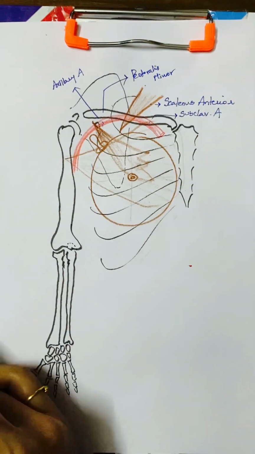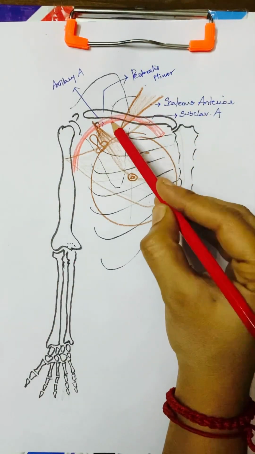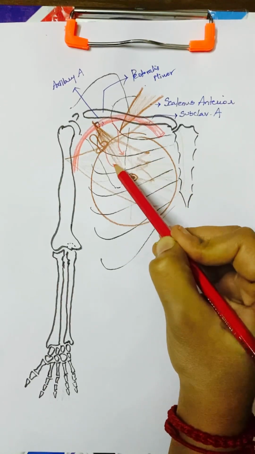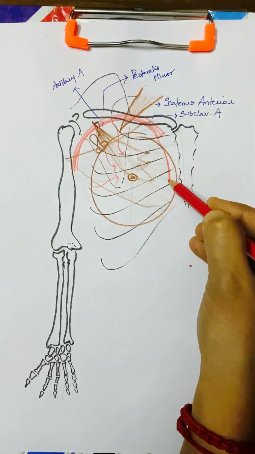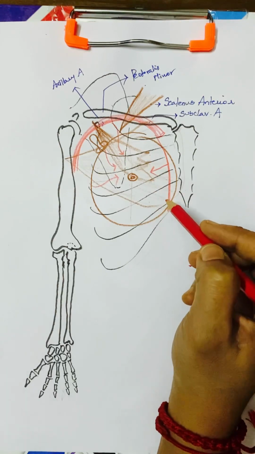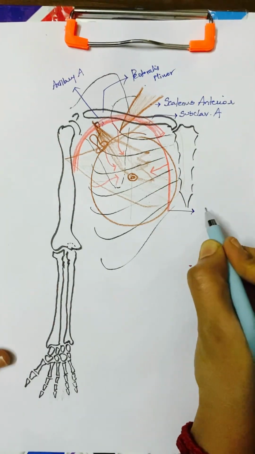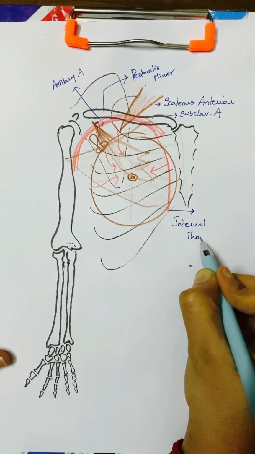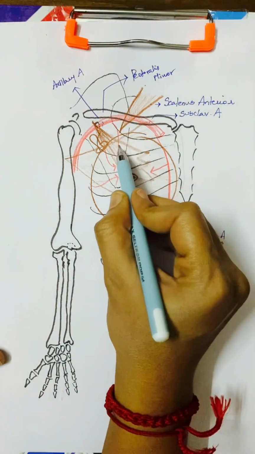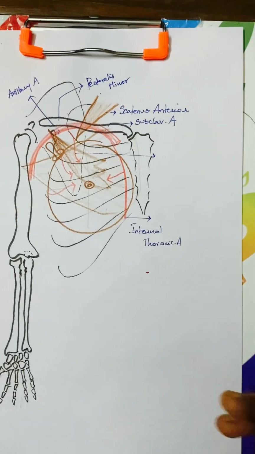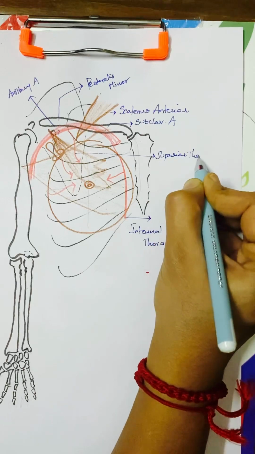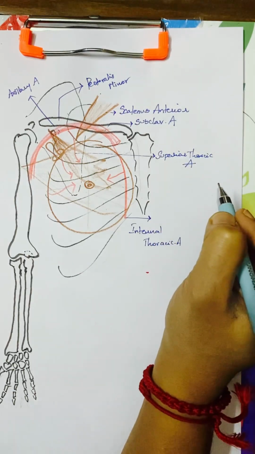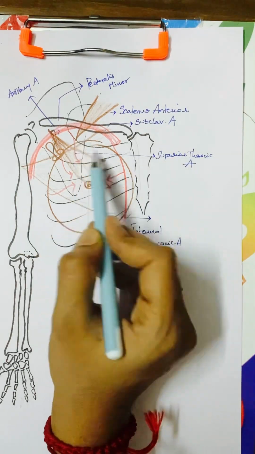Now what is the blood supply to the mammary gland? So from the first part and second part of axillary artery, then from the first part of subclavian artery. So what are the branches? This is internal thoracic artery, branch from first part of subclavian artery. This is superior thoracic from first part of axillary artery.